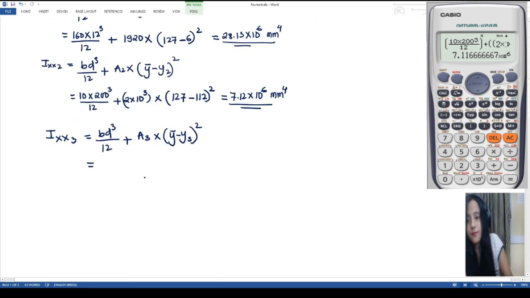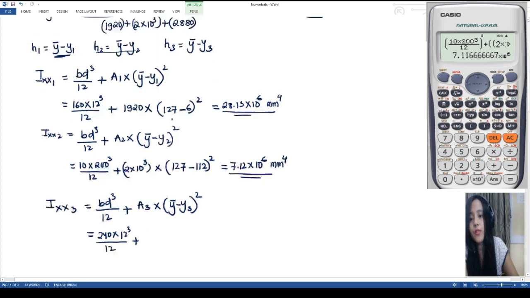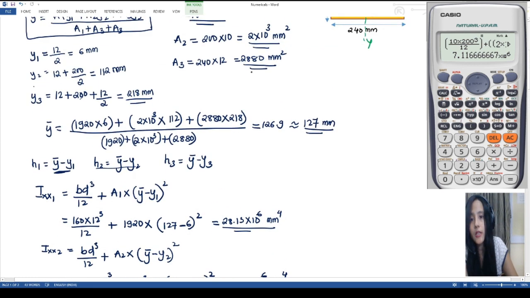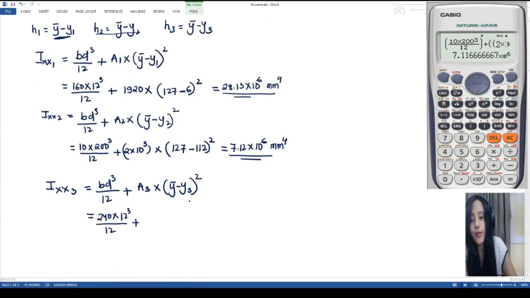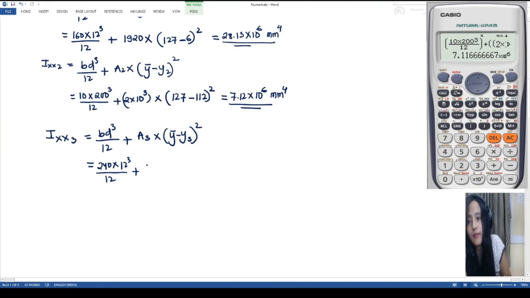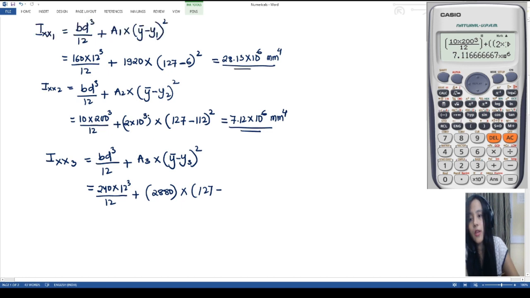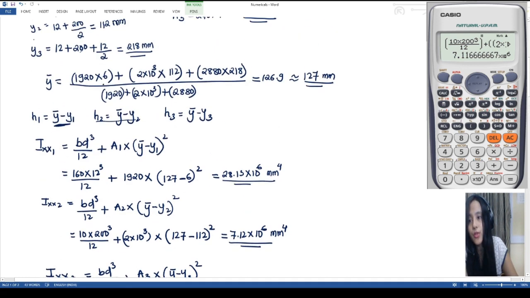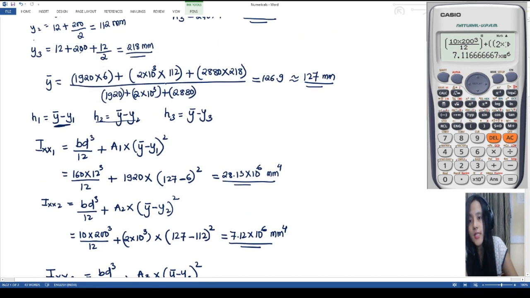So my B is 240 into D is 12 cube by 12 plus how much was the area? Area 3 was 2880, into Y bar was 127 minus Y3, which is equal to 218 mm.